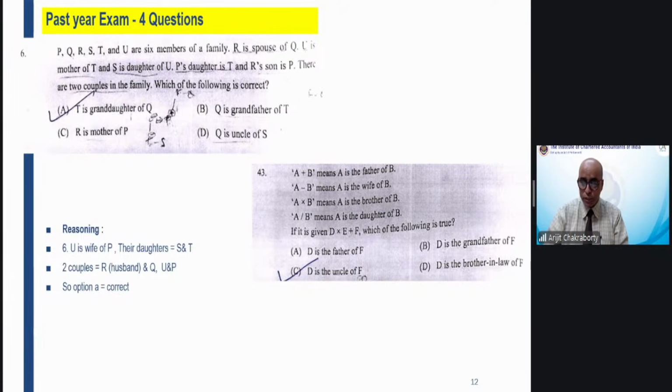D is the brother of E and E is the father of F.